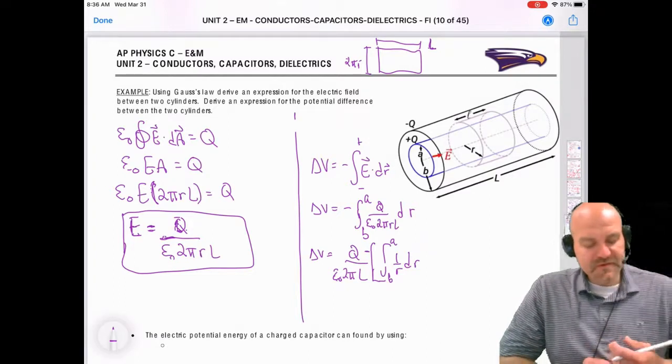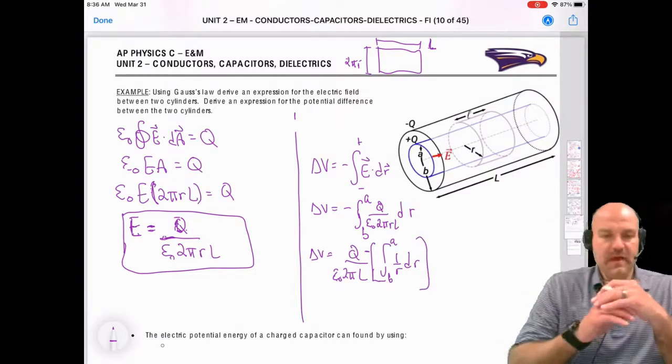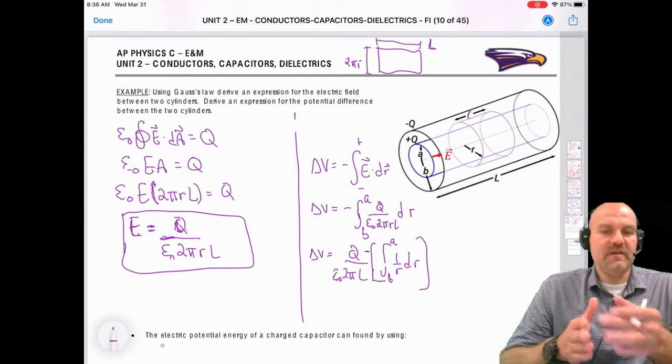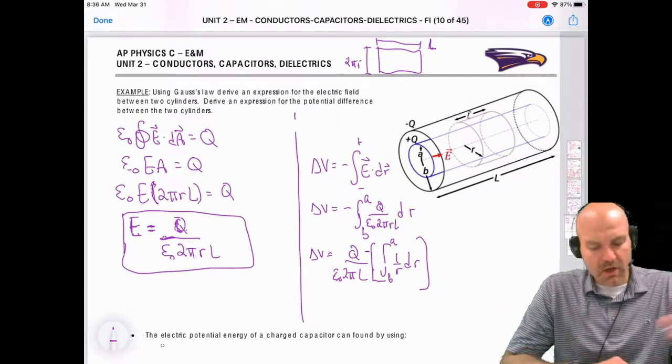Now the integral of 1 over anything is going to be the natural log of that thing.